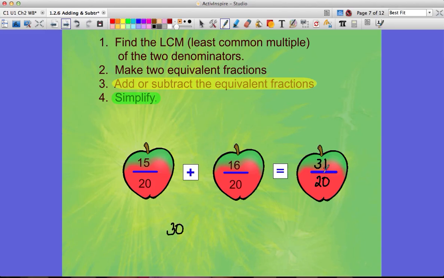I have 31 pieces and I want 20 pieces in each group, so I'm going to divide 31 by 20. 20 goes into 31 once, minus 20 gives me 11. So I know that I made one whole group, I had 11 pieces left over, and I put 20 pieces in each group. So my answer to 3/4 plus 4/5 is 1 and 11/20.